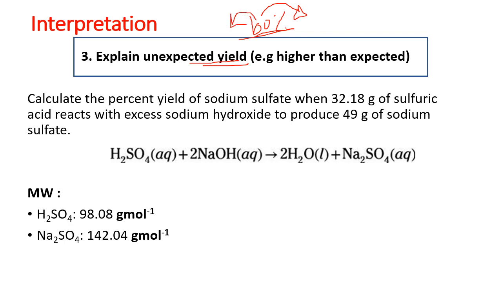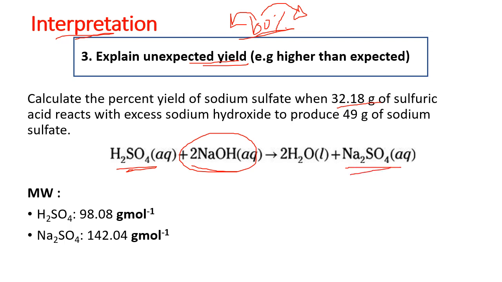So first, you need to know how to calculate the theoretical yield in order to interpret it. If I get an example like this: calculate the percentage yield for sodium sulfate when certain grams of the sulfuric acid reacted with excess sodium hydroxide to produce 49 grams of the sodium sulfate.